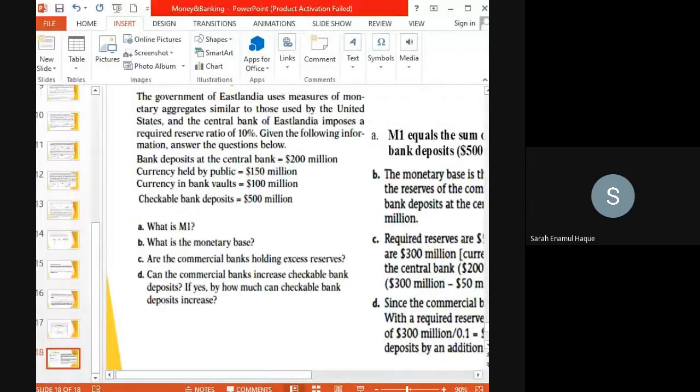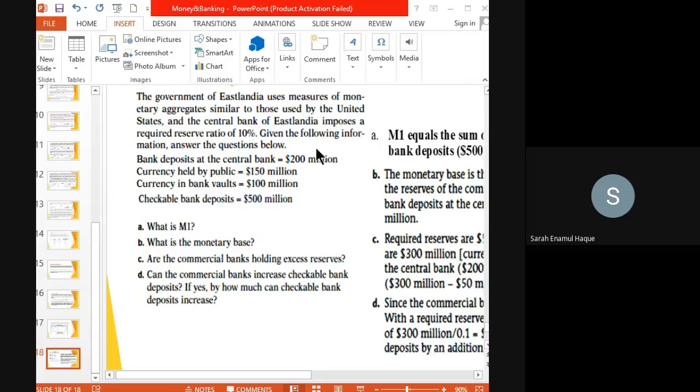So first tell me, what is the total reserves? Let's call it TR. Let's go back to the information we have. First look, currency in bank vault. Remember, this is part of its total reserve, right? It has some money in the bank vaults. That is definitely part of its reserves: 100. And also the bank deposits at the central bank.